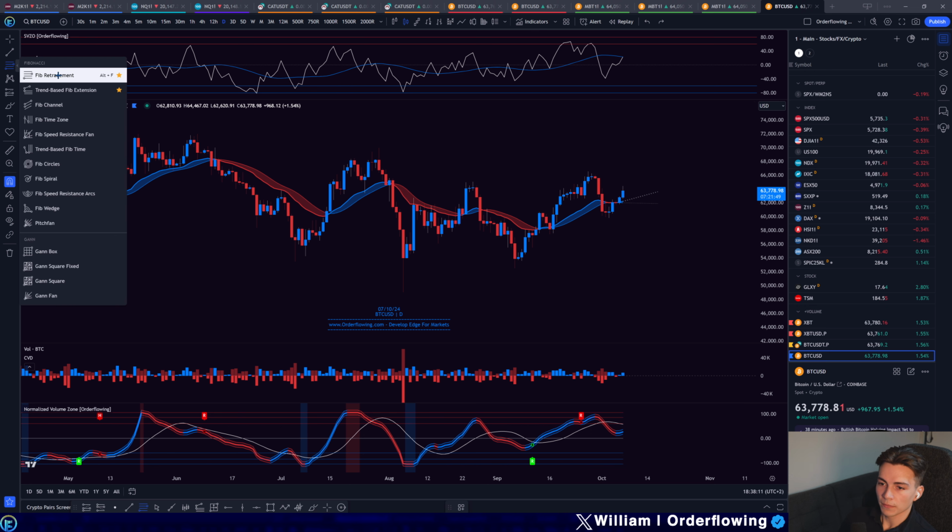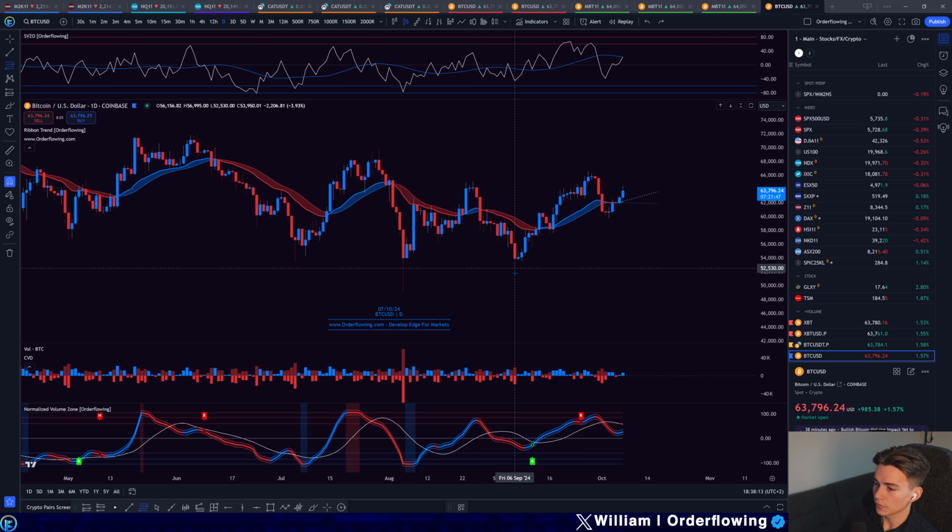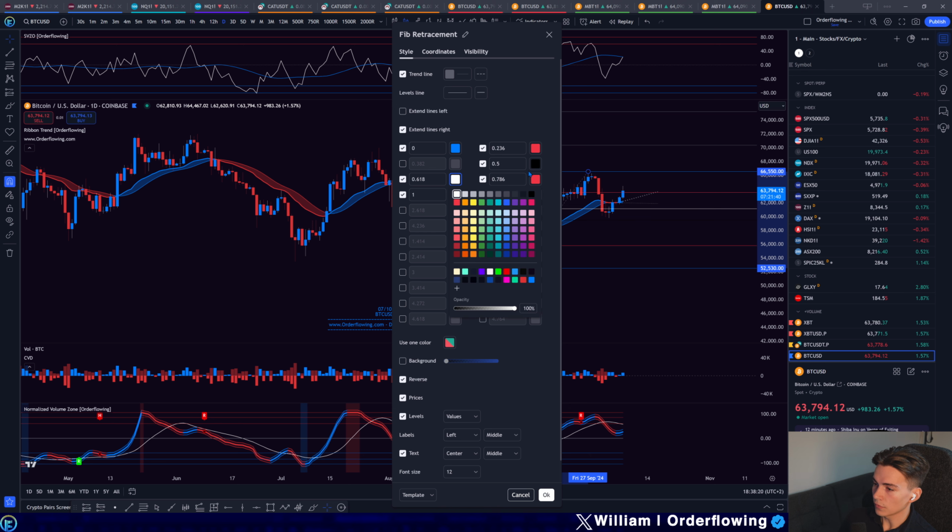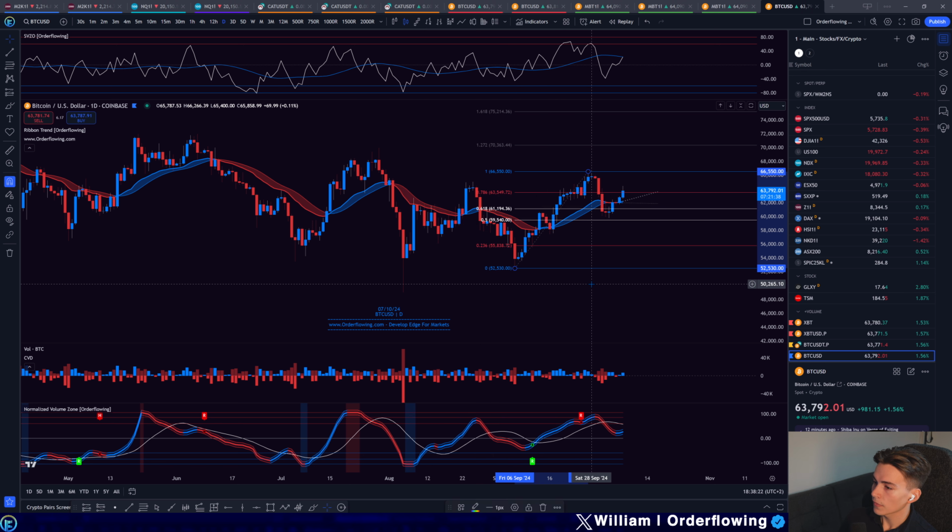If we quickly grab a Fibonacci, let me just do this so we can see it on the chart. We had the perfect retracement here into the golden pocket zone at the 0.618 and the 0.5, and now the normalized volume zone is going bullish again, along with the regular volume zone.